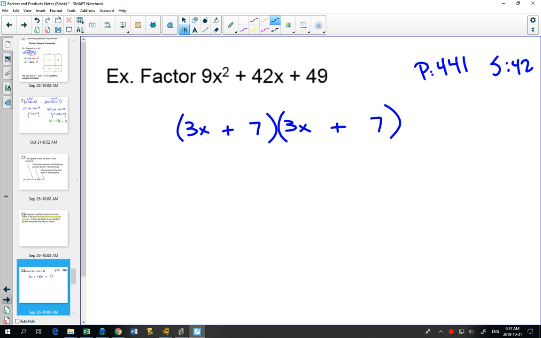Maybe you know your squares really high that you know that the numbers are 21 and 21. But it takes a long time. And if the numbers are the same like that, then it's also a good indication that, oh, it was probably a perfect square trinomial.